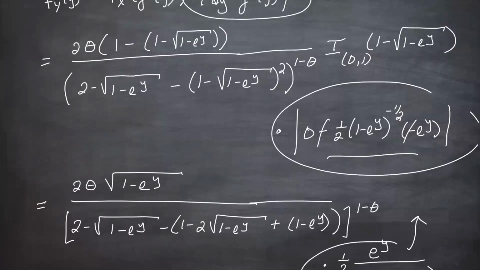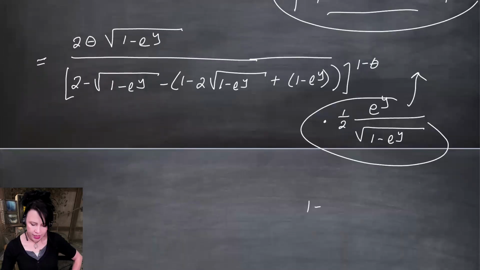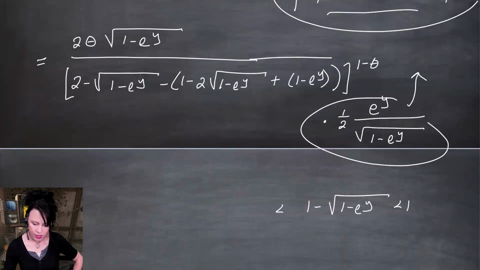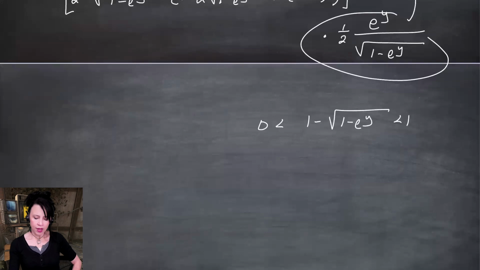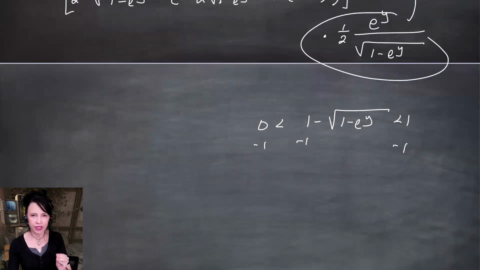Let's take care of the indicator. We want this expression to be between 0 and 1. So 1 minus the square root of 1 minus e to the y, we want that between 0 and 1. And so I would subtract the 1 all the way across. Then I might take care of the negative and flip everything. Then I would square everything.